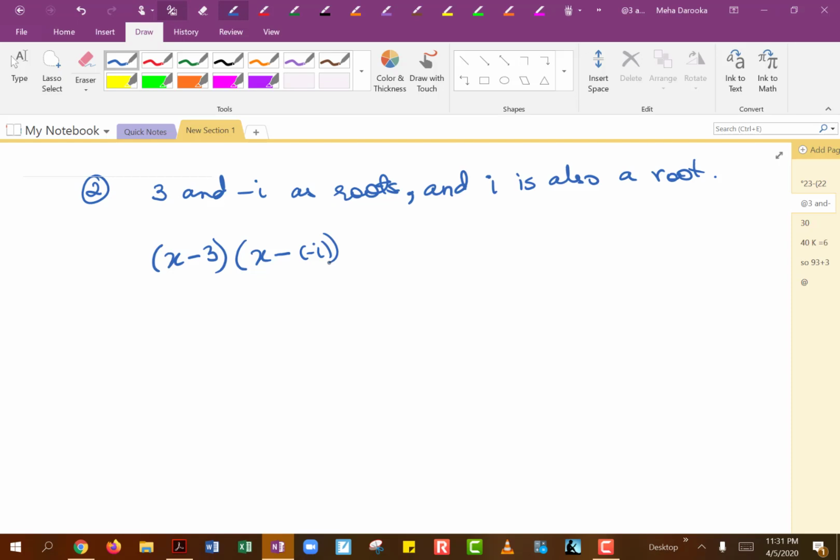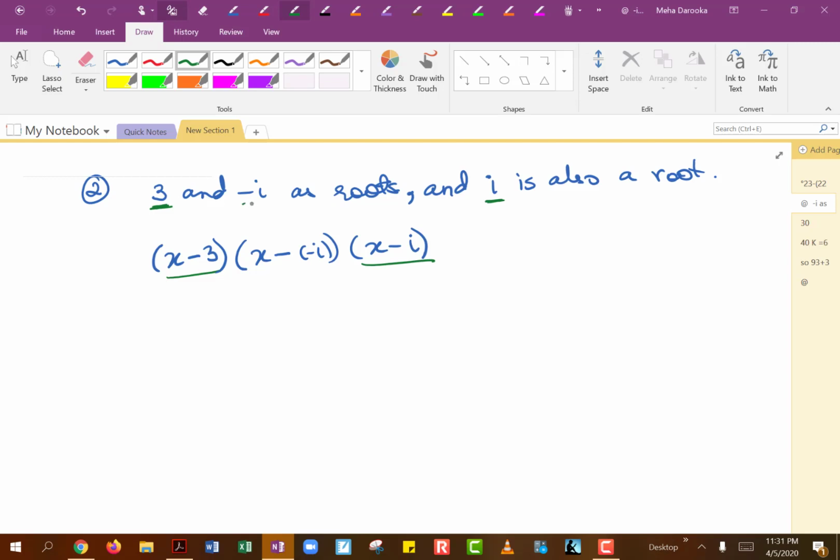And then for i, we would say that's coming from the factor of x minus i. So what you have to actually remember is if the root itself is positive, then your factor will have a minus sign in it. So for both of these, since these are positive values, we had x minus 3 and x minus i.